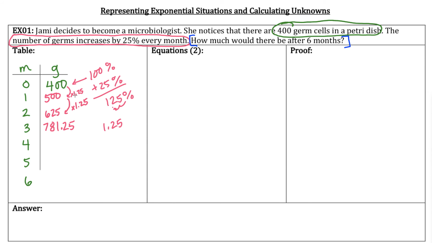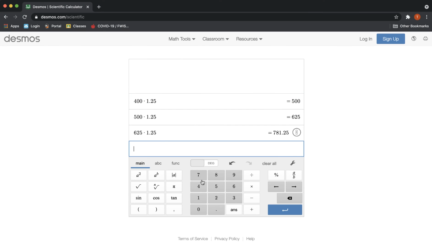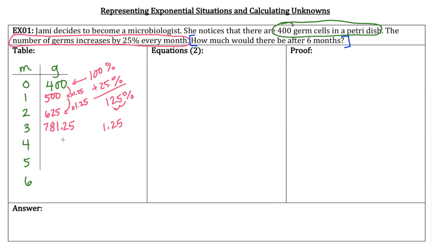Make sure you show this at least twice so I know that you're doing it over and over again. So 781.25 times 1.25 is 976.5625.